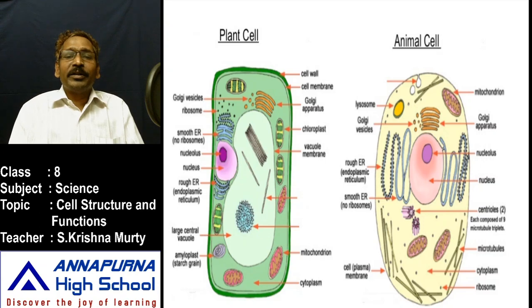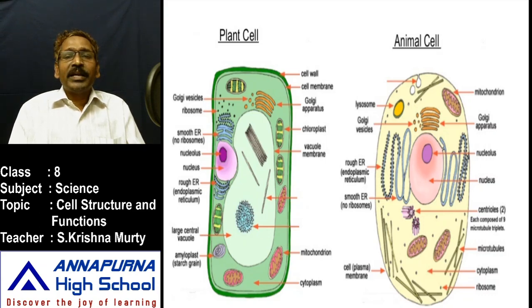Another important function of the cell wall is protecting the cell from the external environment. Internally, whatever organelles are present are very delicate, very soft organs, but the cell wall is very rigid, very hard material, and it is exposed to the environment.